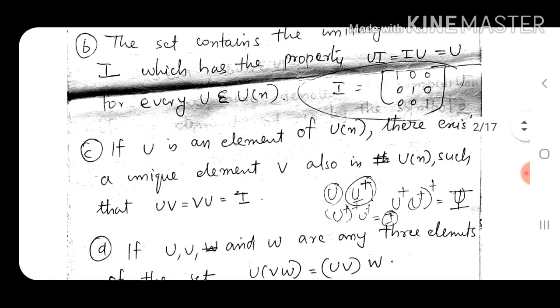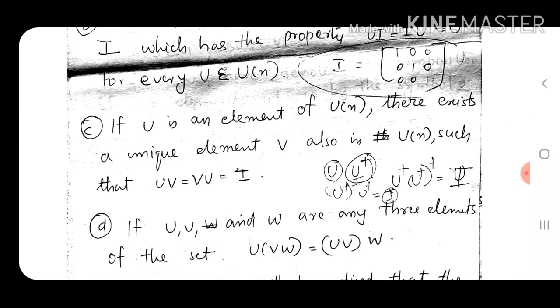That is the property B. Now the property C: if U is an element of U_n, there exists a unique matrix V, which is also in U_n, such that UV equals VU, which is equal to I. What is I? I is the unit matrix, which is a unitary matrix present in the set.